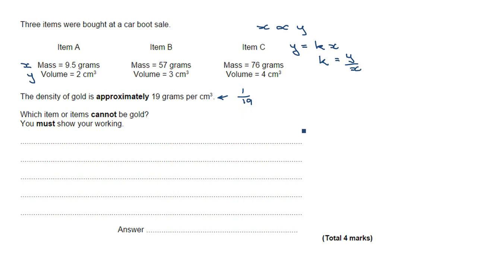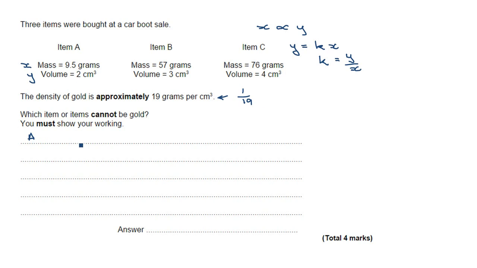So k is 1/19, and if these share the same constant of proportionality, if they scale up by 1/19, then we'll know that they might be the gold that we're wondering is inside these packets bought at a car boot sale. Okay, so the density of gold is approximately 19 grams per cubic centimetre, which gives us a constant of proportionality of 1/19. Let's try these.